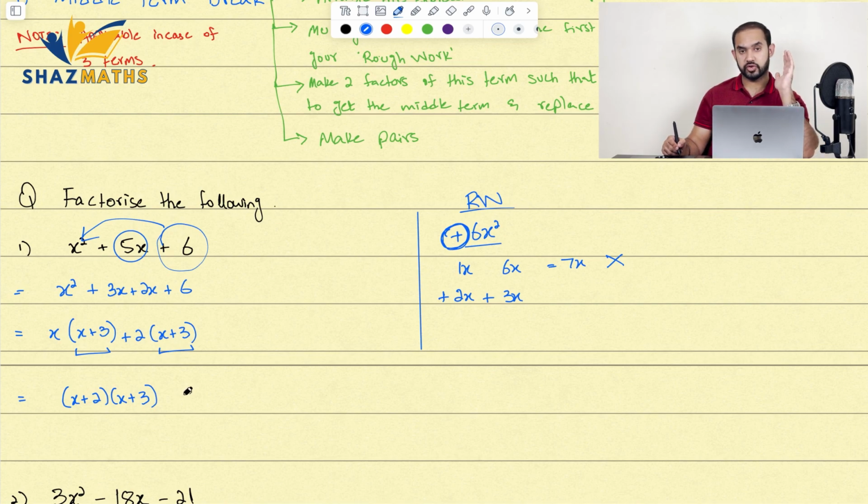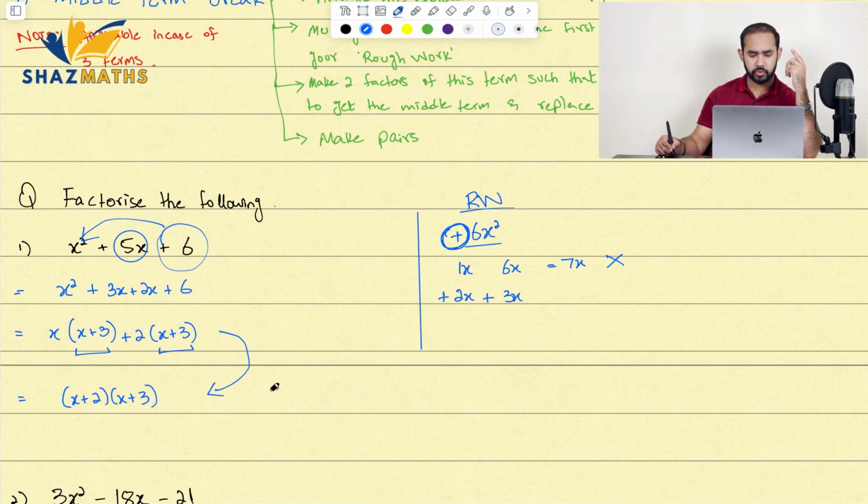Now I want you guys to focus on one more important thing over here. That is why we are actually doing this. Remember, factorization is the reverse process of expansion. Now have a look here.